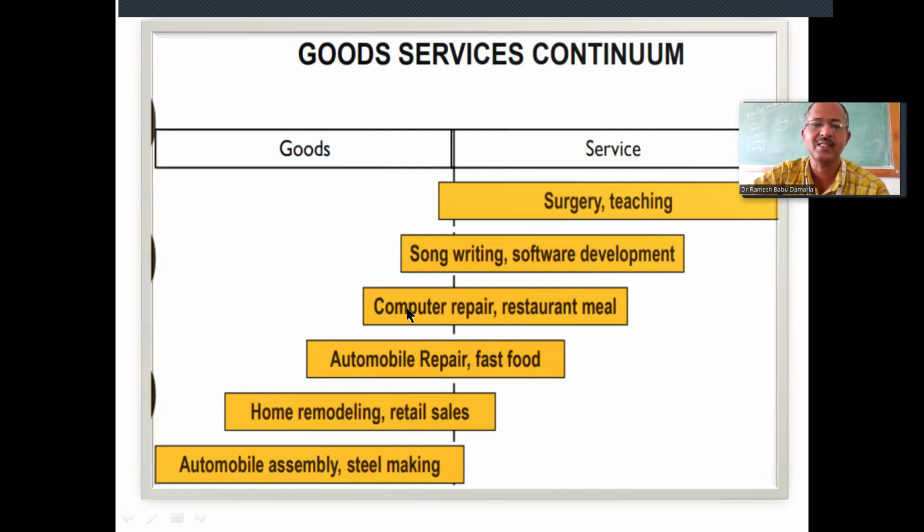The next one is computer repair or having a meal in a restaurant. In this case, relatively the service component is more and the goods component is less. Suppose a computer has gone bad, we go for repair. There, an expert will check and verify what has gone wrong.